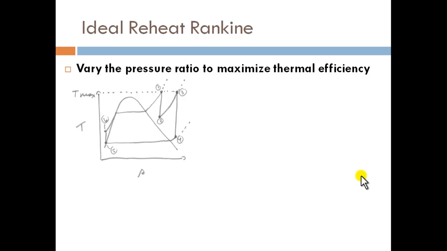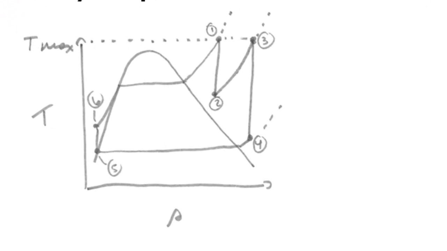We have a first turbine from point 1 to 2, where we extract work from the steam, the superheated steam, and then from 2 to 3 we reheat, then again extract through a different turbine from 3 to 4, from 4 to 5 we pass the stream through a condenser and then pump from 5 to 6 so that we can let the subcooled water flow through the boiler until it's reheated back to the superheated state at point 1.